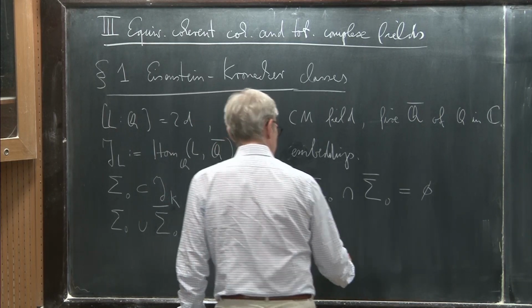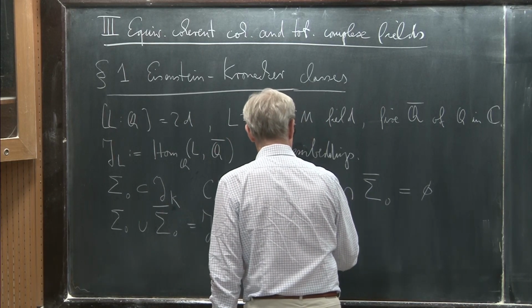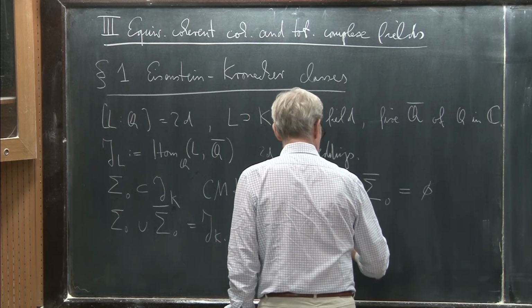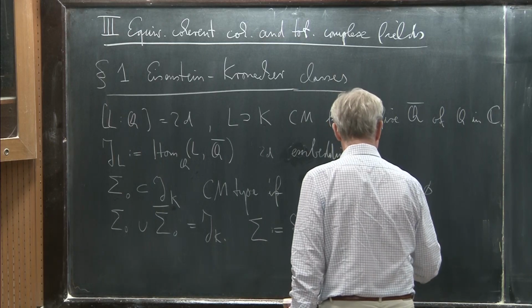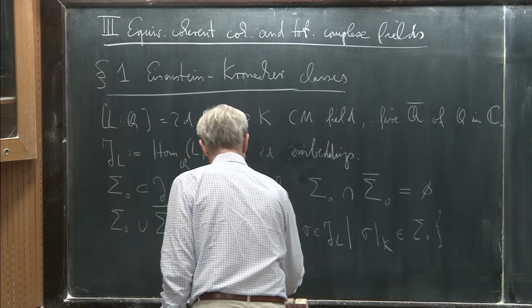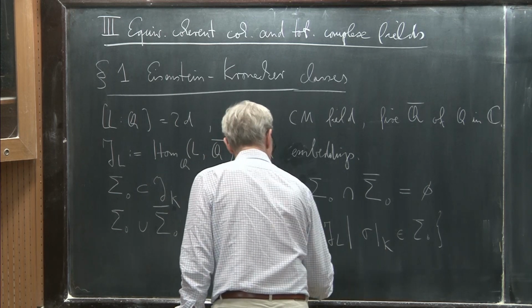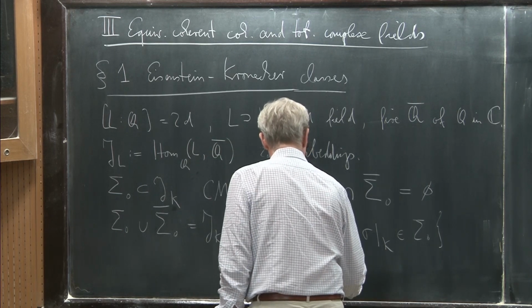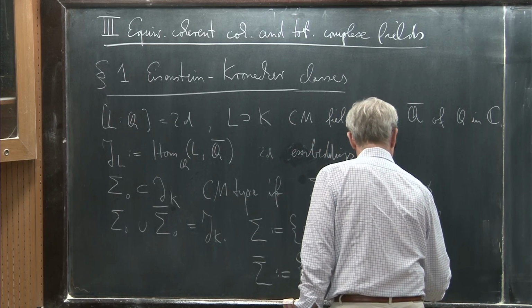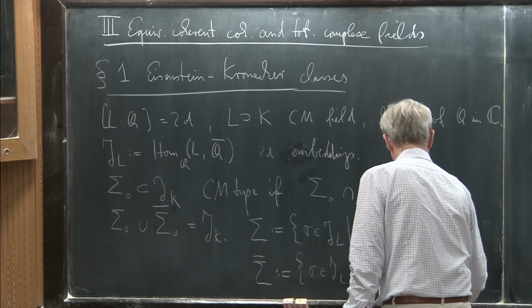And starting from this, I define sigma. These are the embeddings sigma in JL such that sigma restricted to K is in sigma 0. And similarly, I take sigma bar. This is the embeddings such that sigma restricted to K is in sigma 0 bar.